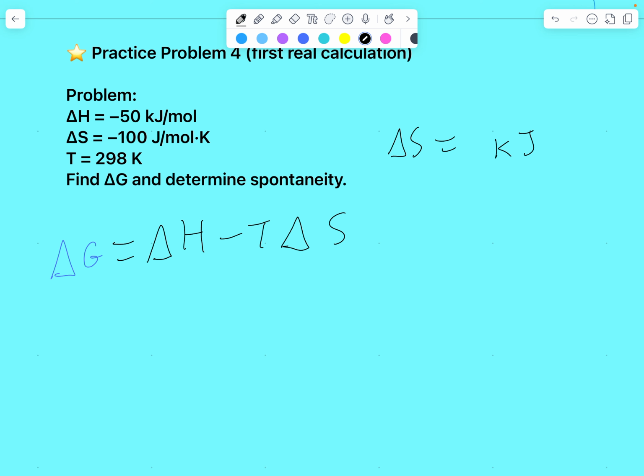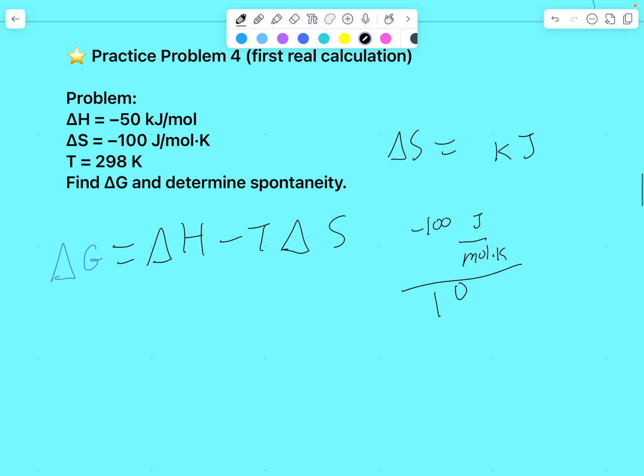So let's do it. Negative 100 joules per mole Kelvin, and I'm going to divide by 1,000. And when I do that, I'm going to get negative 0.100 kilojoules per mole Kelvin.